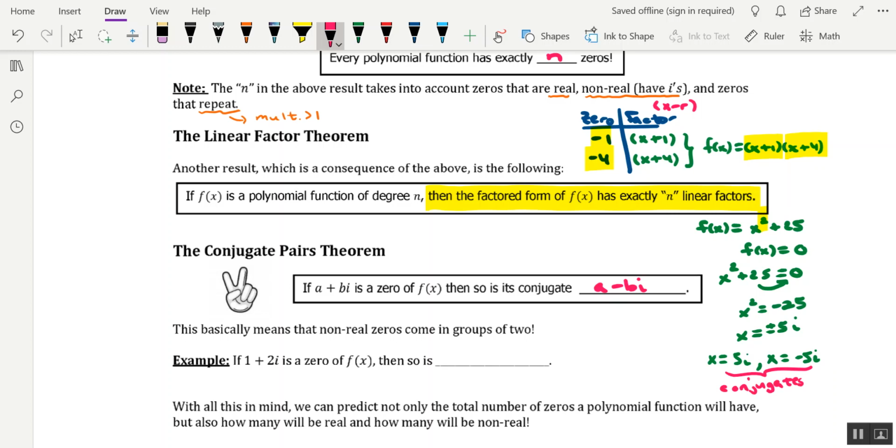So one implication of this Conjugate Pairs Theorem is that if you get a zero, say it's 1 plus 2i, like you're seeing in this example towards the bottom of the screen, it's never going to show up as a lone zero. It won't just be a single zero in its own right with nothing else associated with it. If 1 plus 2i is a zero of the polynomial function, then it has to be the case that there's a second zero, and that second zero would be its conjugate 1 minus 2i.